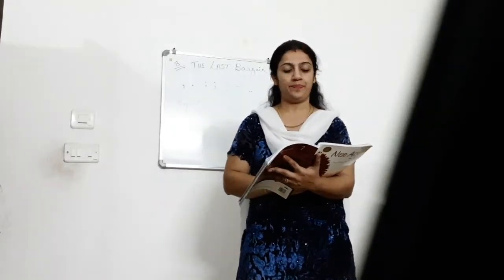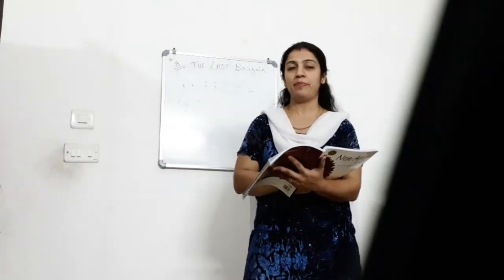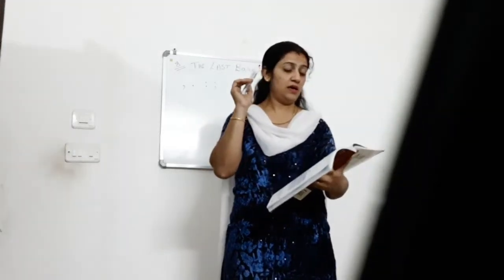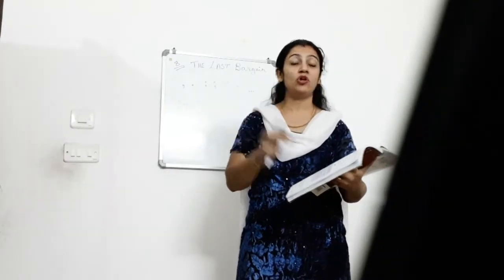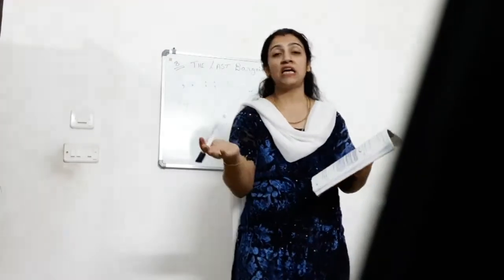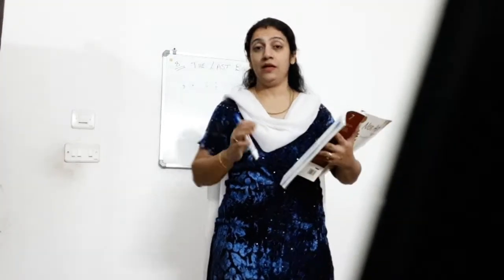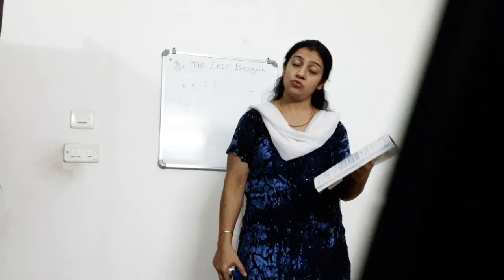Let's see the example. My parents shifted to Shimla: They were not happy in Delhi. That means the parents were in Delhi before, but now they have shifted to Shimla. The second part shows a reason. They were not happy in Delhi, so they shifted to Shimla.